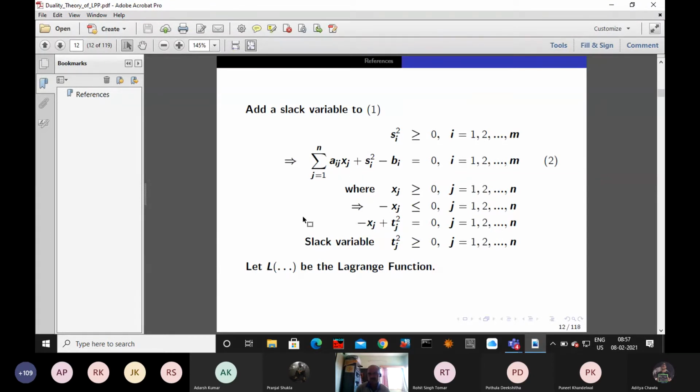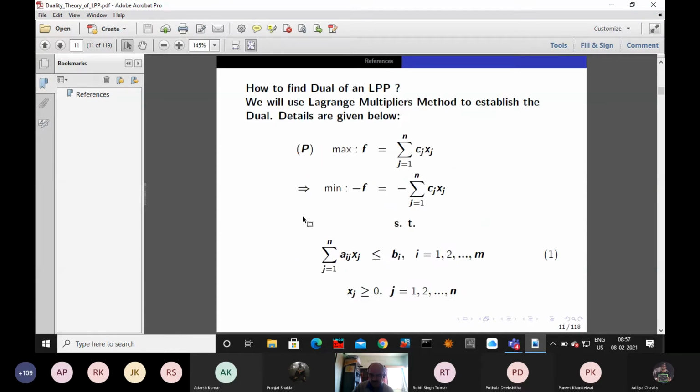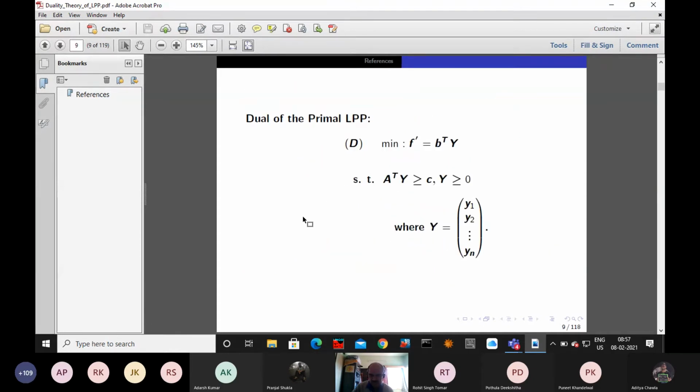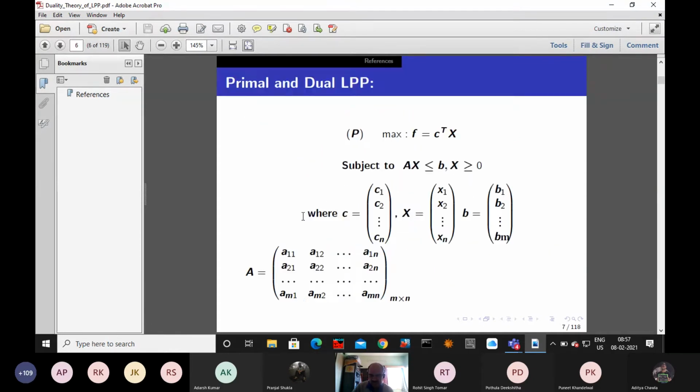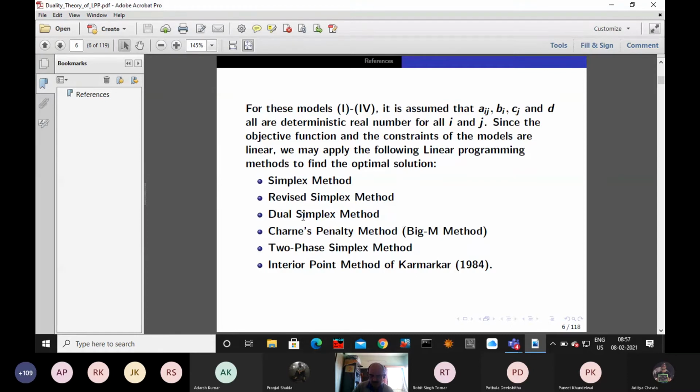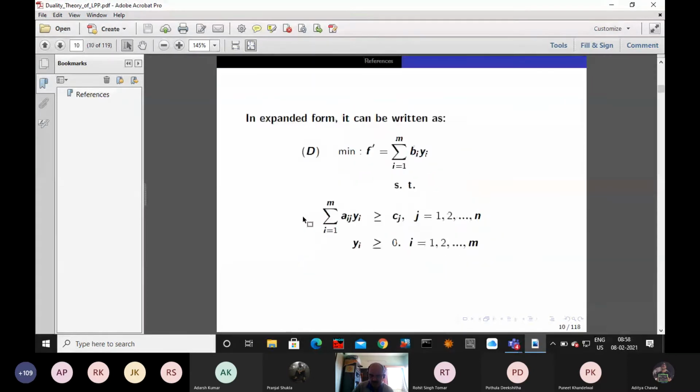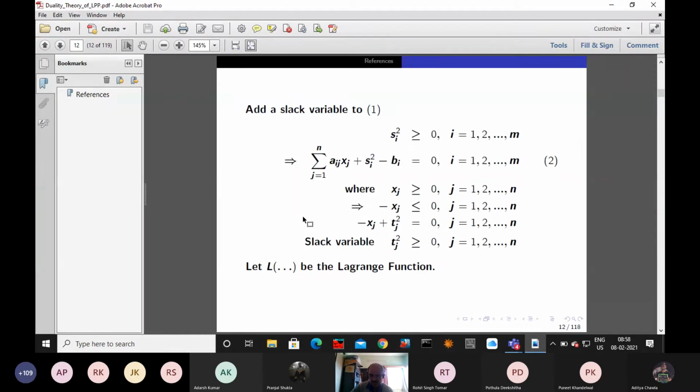So we want to combine this with our primal problem. If you are combining, there is a term something like, so it was there earlier also. You can see we are adding slack variables: aij xj plus si square minus bi equal to 0.